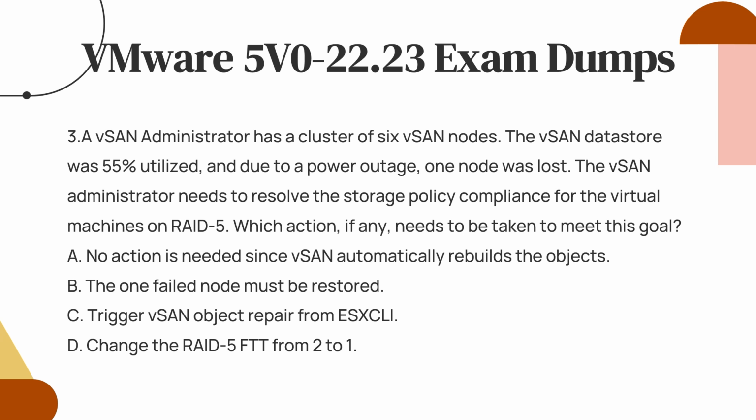A. No action is needed since vSAN automatically rebuilds the objects. B. The one failed node must be restored. C. Trigger vSAN object repair from ESXCLI. D. Change the RAID 5 FTT from 2 to 1.